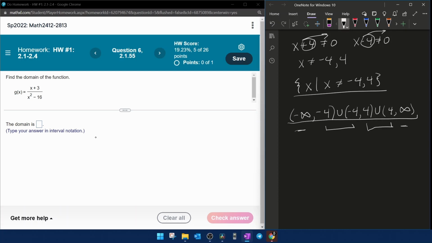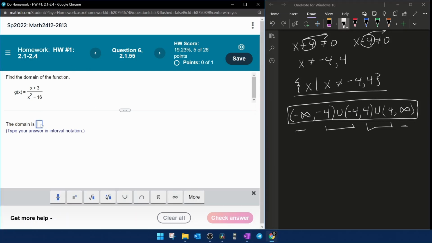And you will need to put all of this in the answer box. So that's going to take a little bit of typing. Parenthesis, negative, infinity, comma, negative 4, close.